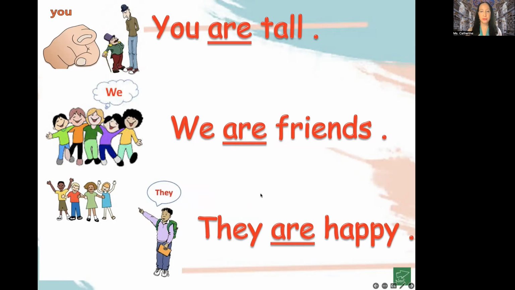Now, what is the difference between we and they? Okay. We would be more than one person and we're together. We're all together. If I say they, we are pointing to more than one person together because they're over there. They're not together. Good.